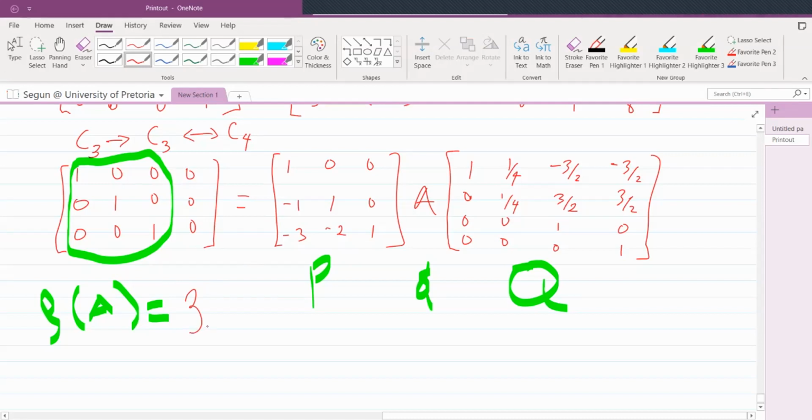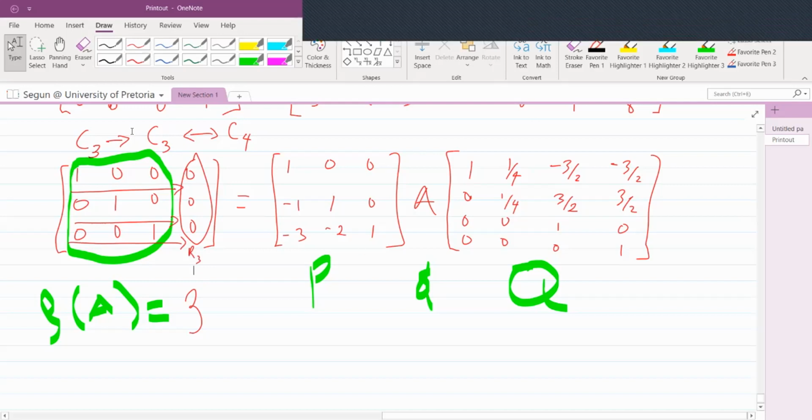Do you agree with us? Is 3? Yes, sir. Because that is why we interchange this one. We send it away because it will jeopardize our answer. So you can see row 0, row 1, row 2, and row 3, and that makes it 3.